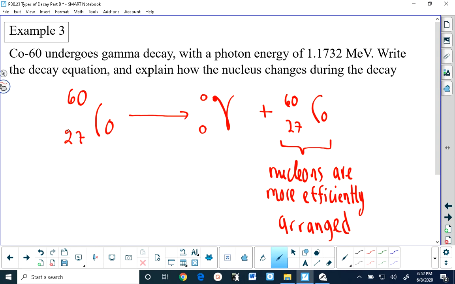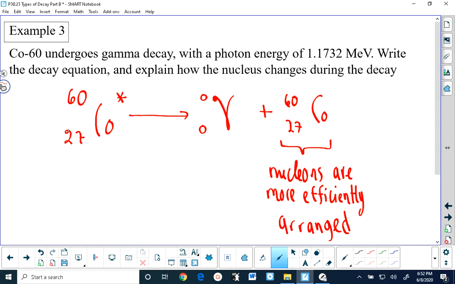What this means, everybody, is that the cobalt that we started off with was not as stable as the cobalt that we ended up with.